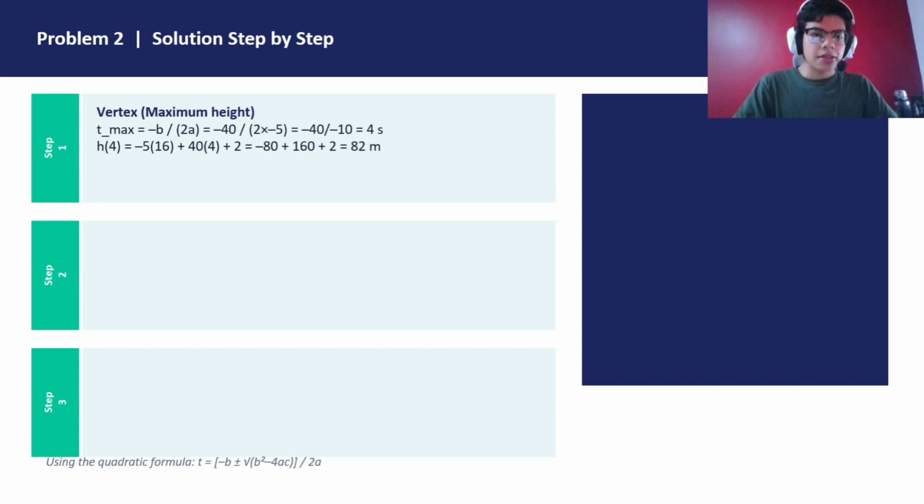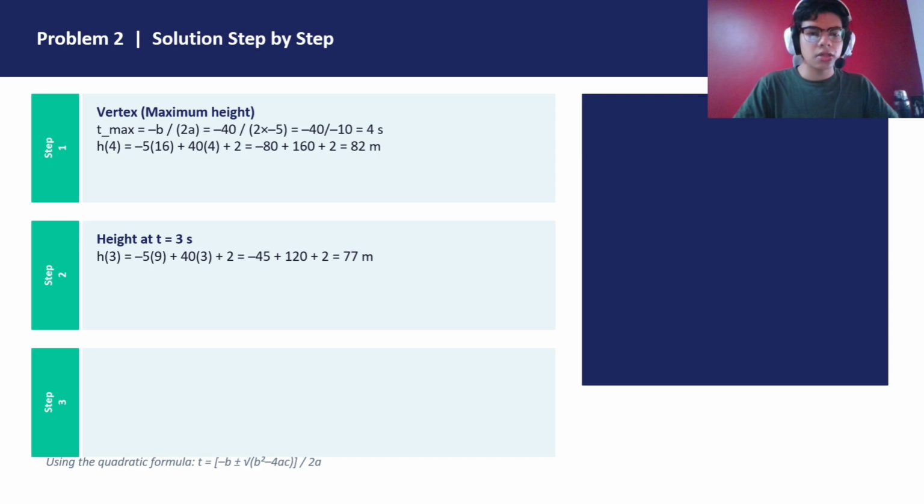Vertex, maximum height. t max equals minus b over 2a, and all of those numbers. I didn't want to say it because it's a lot, but that result is 82 meters.